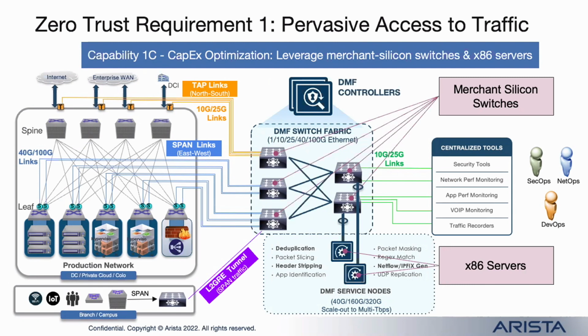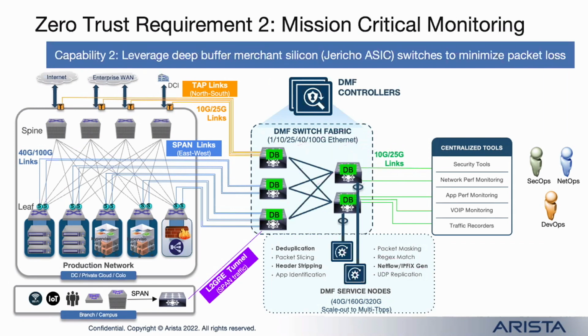So very standard, industry standard hardware, very cost optimized, that is deployable to build the scale out architecture that is managed as if it's one logical entity, not box by box. So these three capabilities get us to delivering pervasive access to traffic that can be sent to a variety of security tools for SecOps needs. Now, let's go to the next requirement, mission critical monitoring. How do we address this?